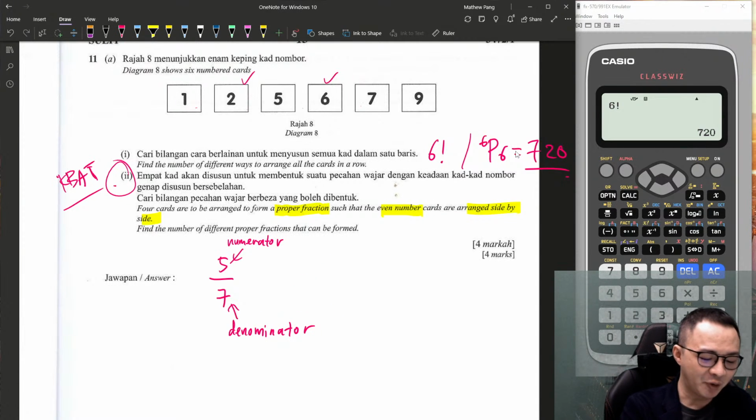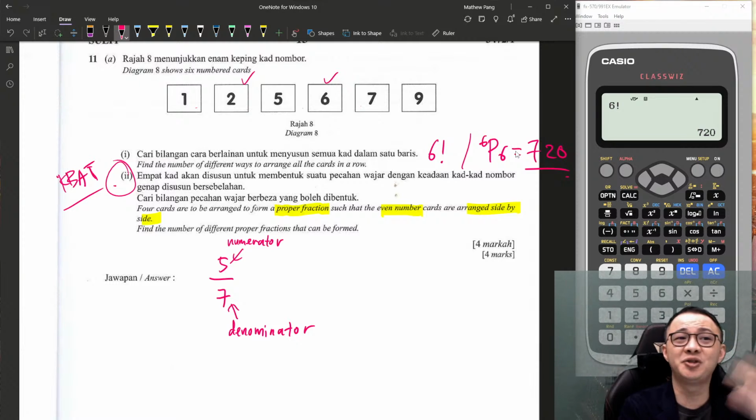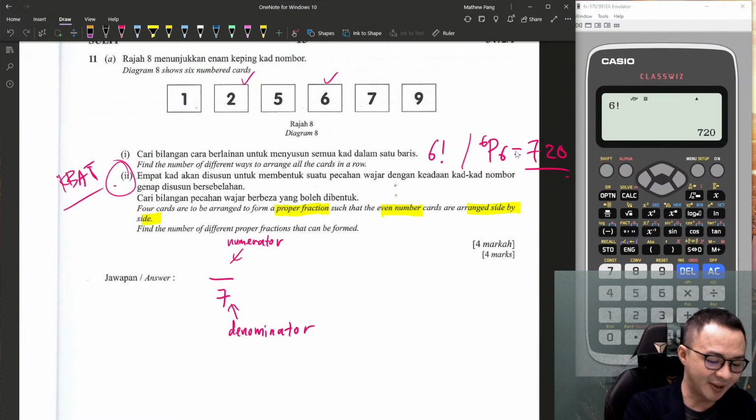However, they say they will use 4 cards, so it cannot be that you only have one number over one number, using 2 cards only. You want to use 4 cards, and the even numbers must be arranged side by side. You can imagine if I arrange 2 and 6 side by side on top, then the bottom must have some number bigger than it, maybe like 51.